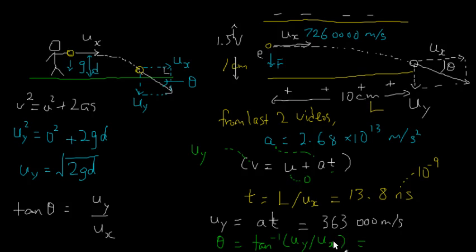We're putting those two numbers into here and here. The answer I got is 2.86 degrees. So this gives me the bend angle of the path of the electron, right, after it travels through the length of the parallel plates.